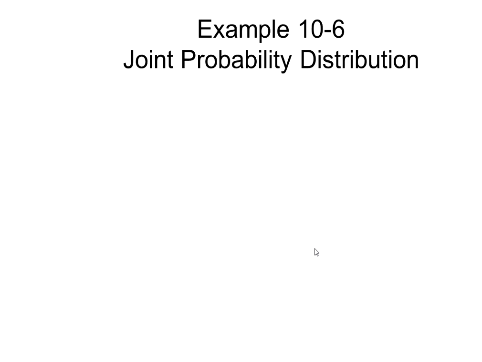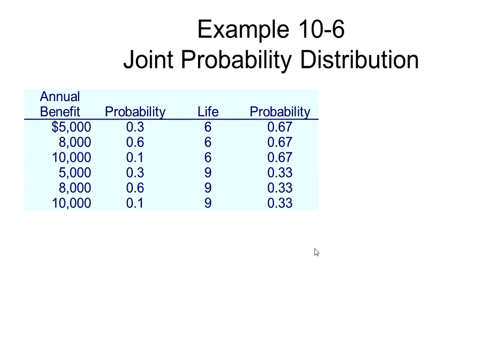So now let's take a look at this example. Here we assume that annual benefit is independent of the life. So we have corresponding probabilities for benefits. For 5,000 it's 0.3 here and also here. For 8,000 it's 0.6 here and also here.